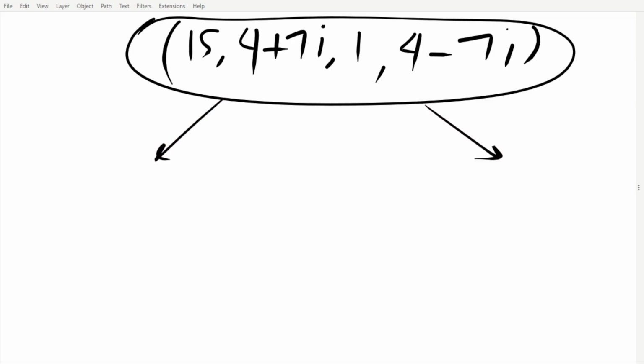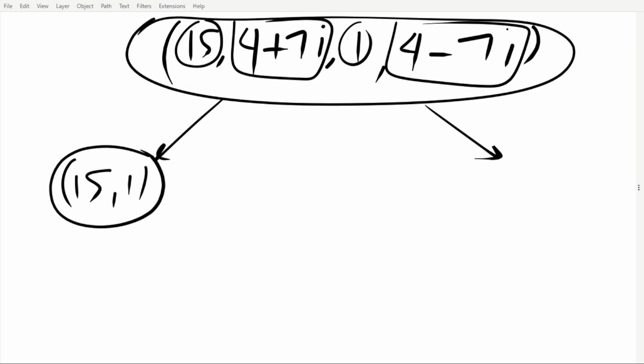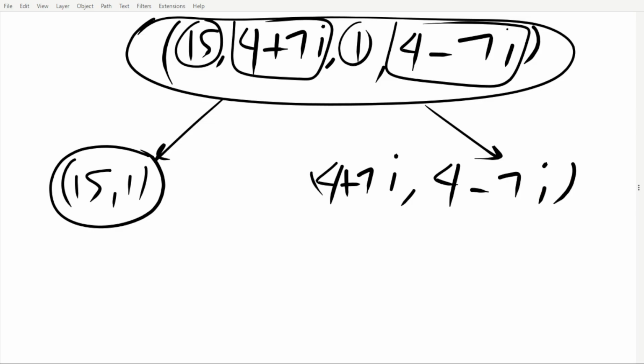Initial steps are identical. Separate even coefficients and odd coefficients. Write this as 15, 1, here second write 4 plus 7i, 4 minus 7i.